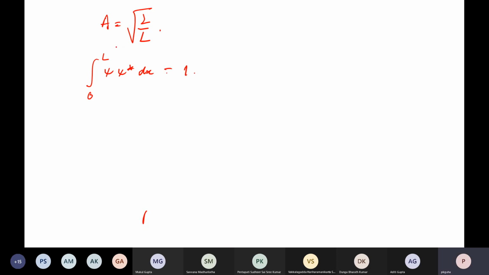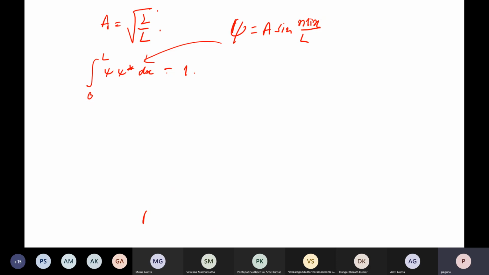And we put in the equation. What is psi? Psi is A sin(n pi x over L). So we use this, we perform this integration, and we find out the value of A, and that turned out to be A equal to root 2 over L, right?